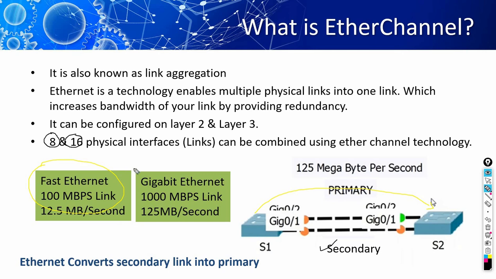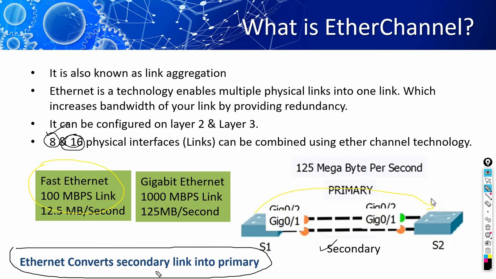So in EtherChannel technology, Cisco devices usually support only 8 links. But if you are working with other vendors, then you can go beyond the 8 limit and aggregate 16 links at a time. And this is my definition down there, which says EtherChannel converts the secondary link into the primary link.